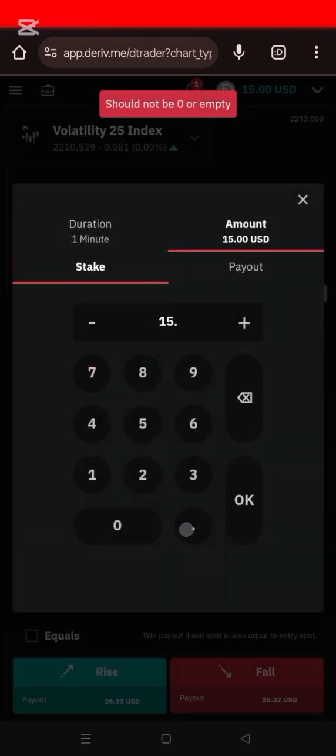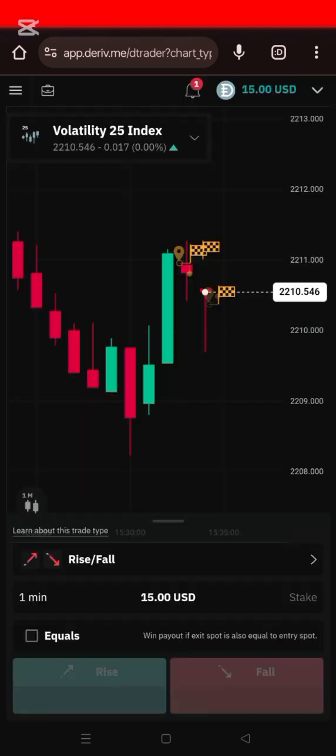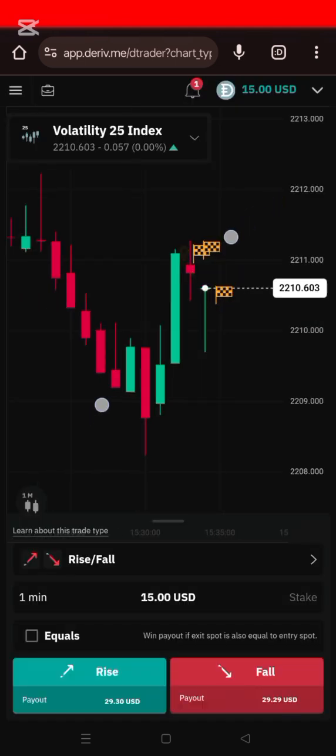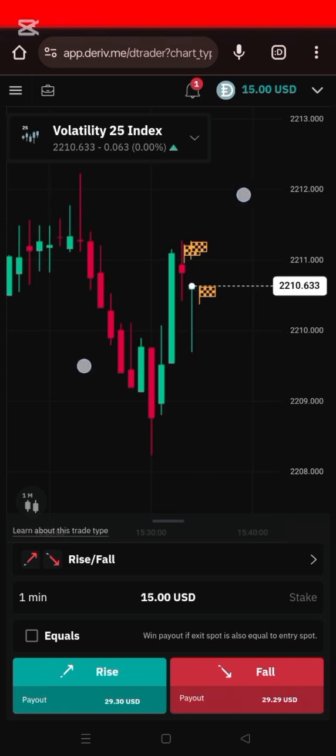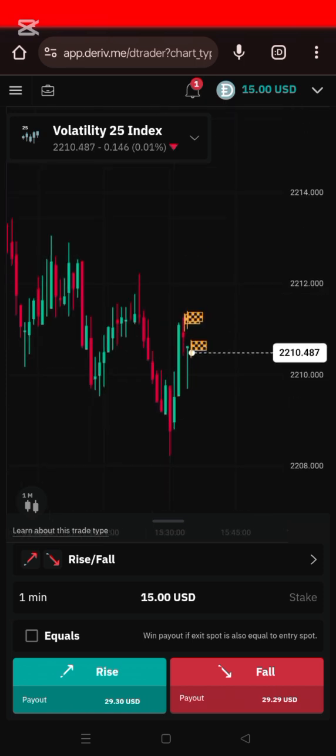We said at 20, and that's how you make trades on the rise and fall. It's very easy, just keeping an eye on the movement of the candlesticks. When you keep an eye on the movement of the candlesticks, you can scalp very easily.